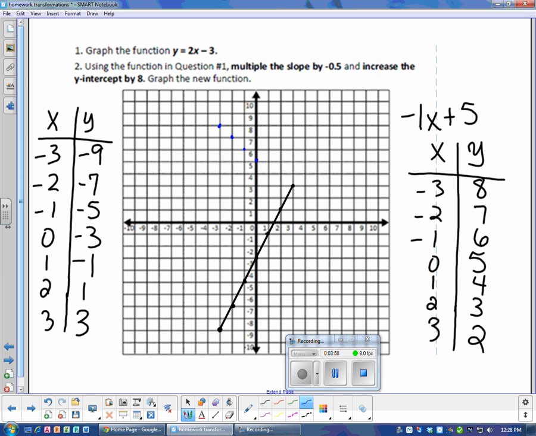At 1, it's 4. At 2, it's 3. And at 3, it's 2. So once again, I can draw and connect my points as such, and I've completed number 2.